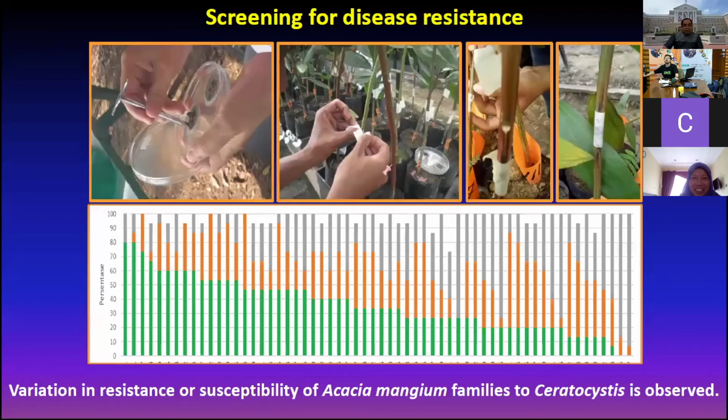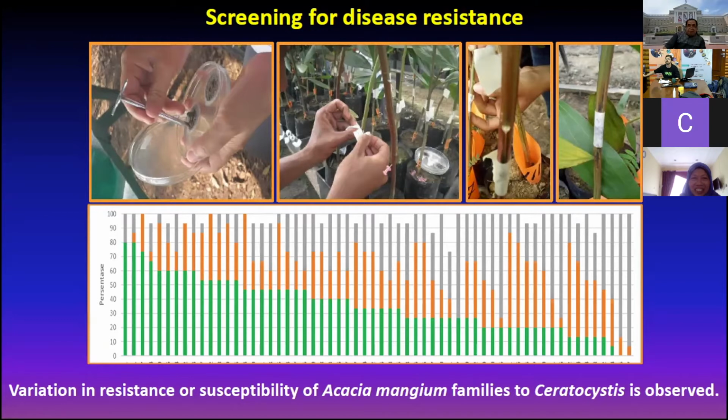I'm just showing an example here of the screening for disease resistance. There has been a suggestion that this screening should be done on young plants of about one year old, but this only shows that variation in resistance among Acacia mangium families is observed.